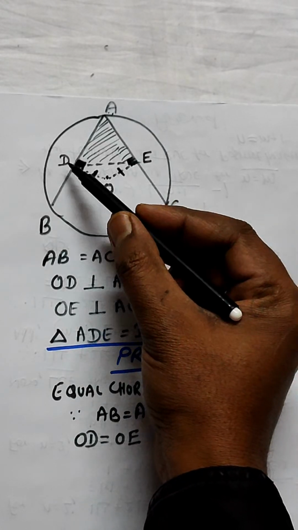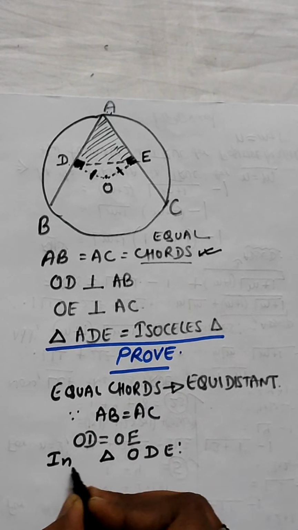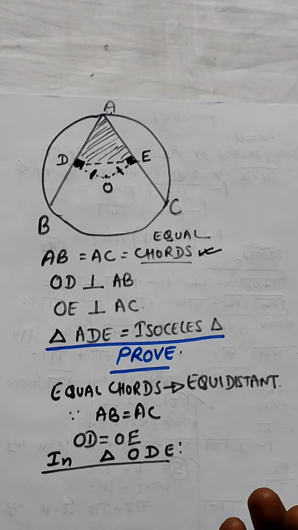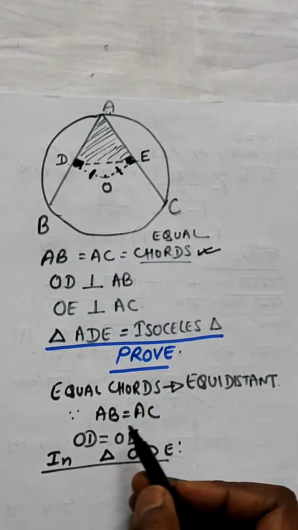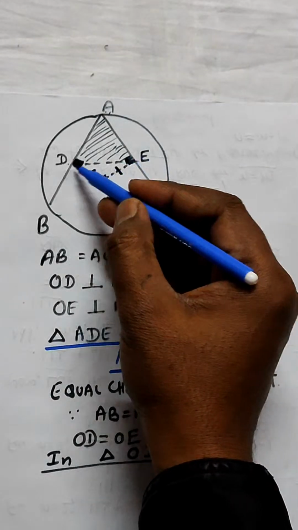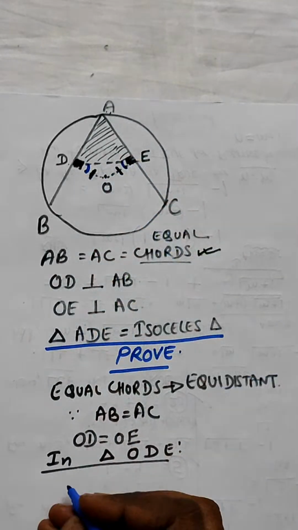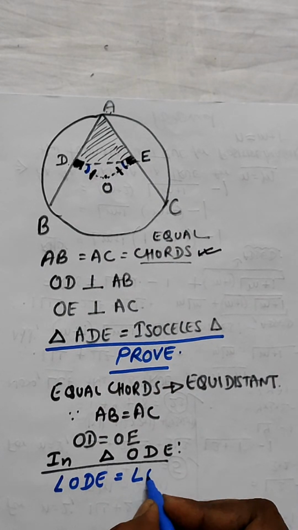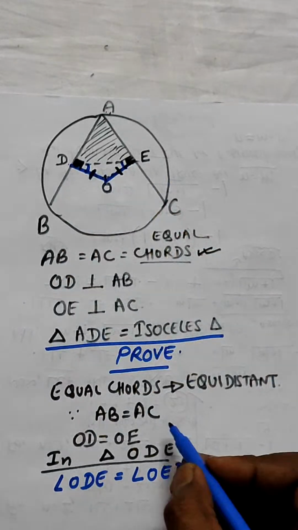In triangle ODE, since OD equals OE, we can say that angle ODE will be equal to angle OED, since OD is equal to OE, right?